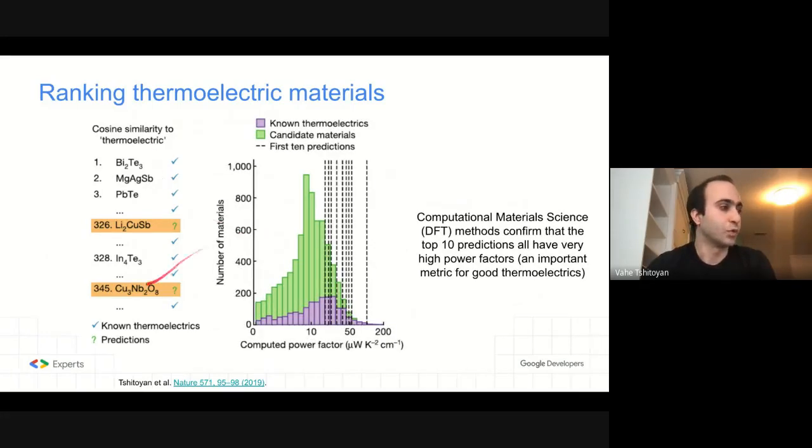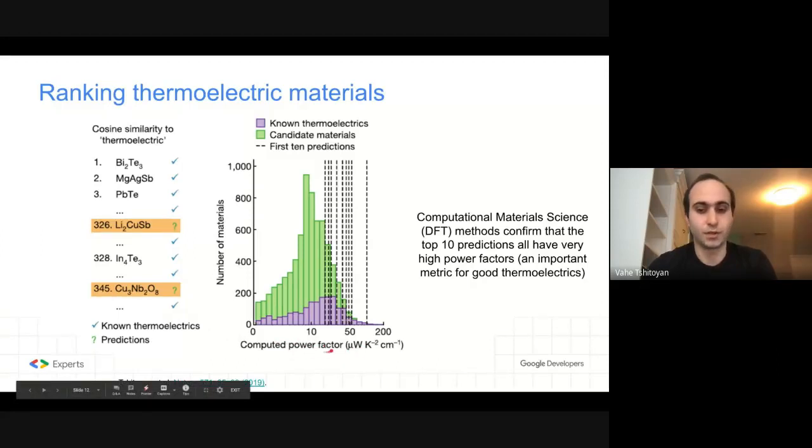So we treat these as predictions, and then we do computational materials science simulations to look at the top 10 here and see what their computed power factor is, which is one indicator of whether this could be a good thermoelectric material.